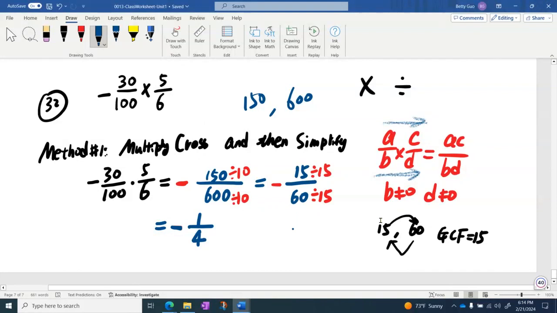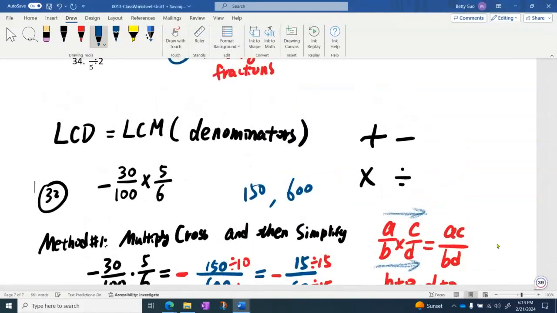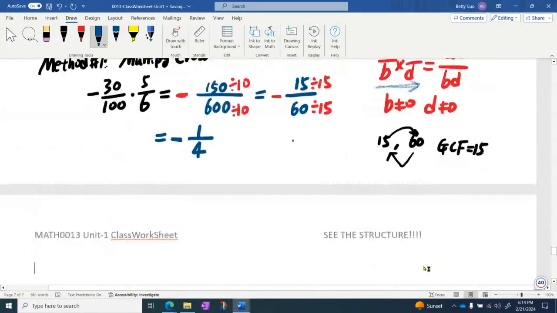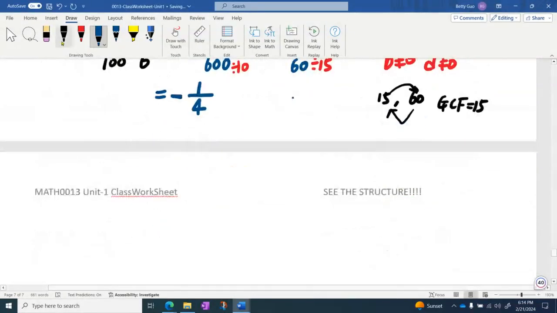Okay. Next method I want to talk about is called the butterfly method.